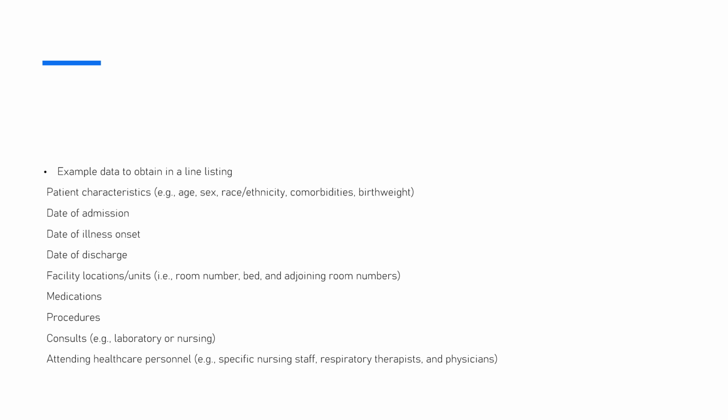The data that should be included in the line list are the patient characteristics, date of admission, date of illness onset, date of discharge, facility, location, unit, medications, procedures, consults like from the laboratory or nursing, and attending healthcare personnel. Most importantly, the date of illness, date of admission, and date of taking the sample.